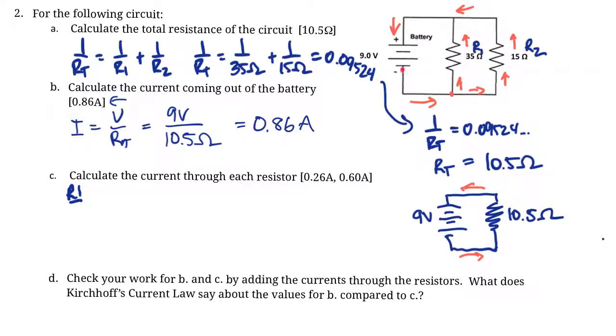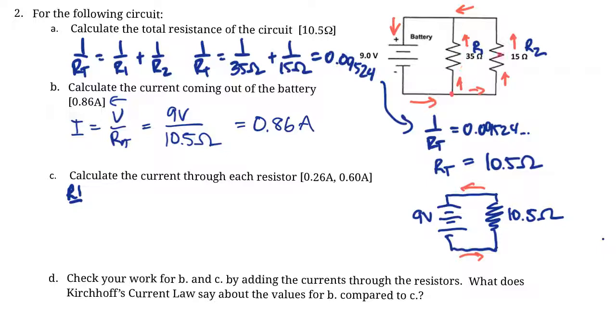So this battery is a 9 volt battery. So the electric potential difference across this resistor is actually just 9 volts, right? Because think about it, this part here, nothing is changing, and this part here, nothing is changing. So the voltage across this is 9 volts. Same thing with this one. So the voltage across each one of these is just 9 volts.